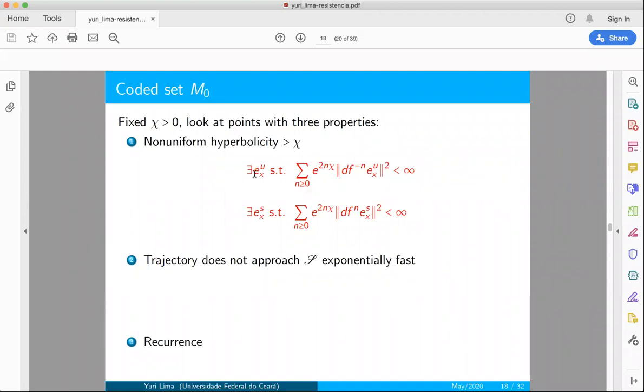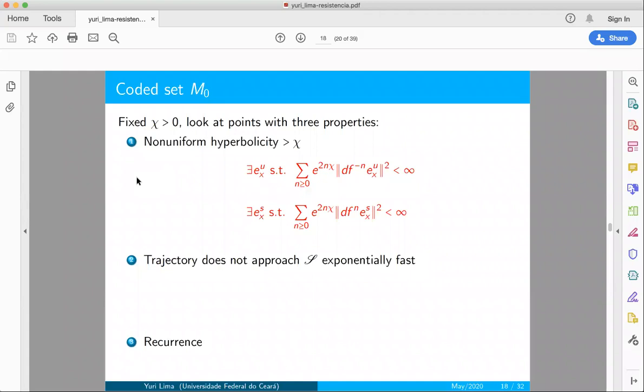And if it takes a long time, then for many iterates, for many indices, terms of the sum, this number here is going to be big. And automatically this sum is going to be big. So in some sense, the bigger this sum is, the worse the quality of hyperbolicity in this direction you have. Okay, so these numbers are good to measure the quality of hyperbolicity. Okay, so this is the first condition that we impose in the coded set.